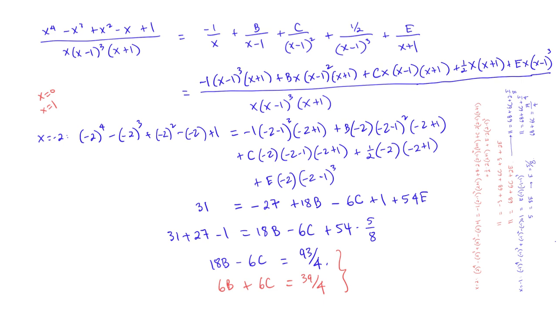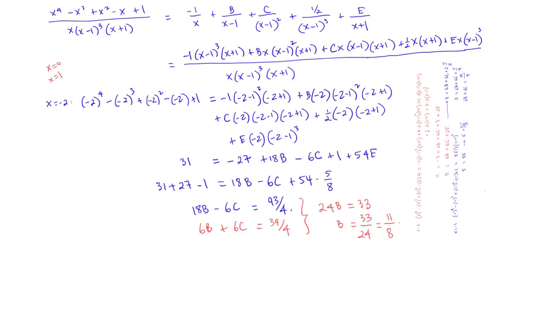Solving this system of equations using the elimination method, we end up with 24b equals 33. And so b is 33 over 24 divided by 3 top and bottom. We obtain 11 over 8. We then plug in b equals 11 over 8 into one of these linear equations to find c. We will see that c is 1 over 4.